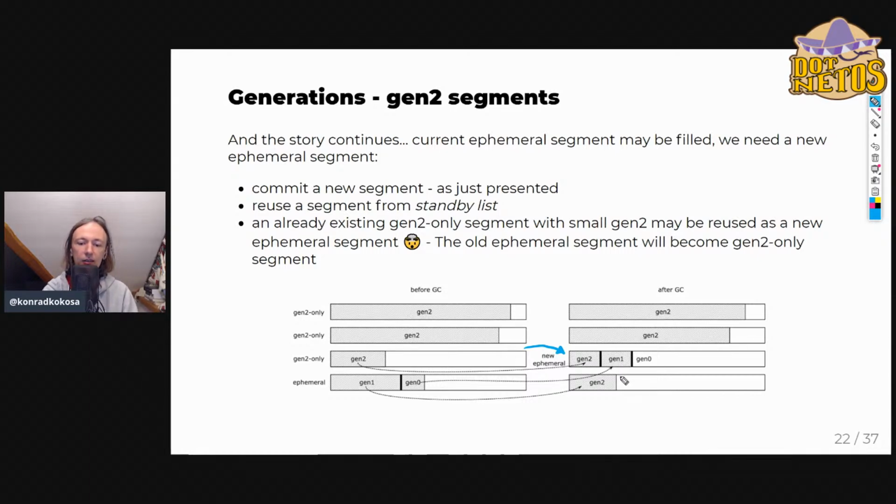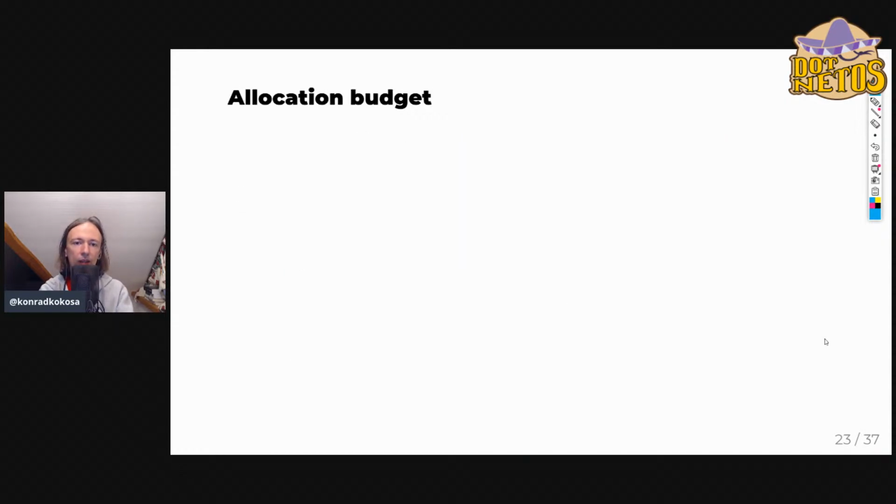And that's nice, because it is all about reusing committed memory instead of committing more and more memory, which is always the thing that in the end counts as a memory consumption of our process. But this is a kind of implementation detail. I will not stay here for a long time.